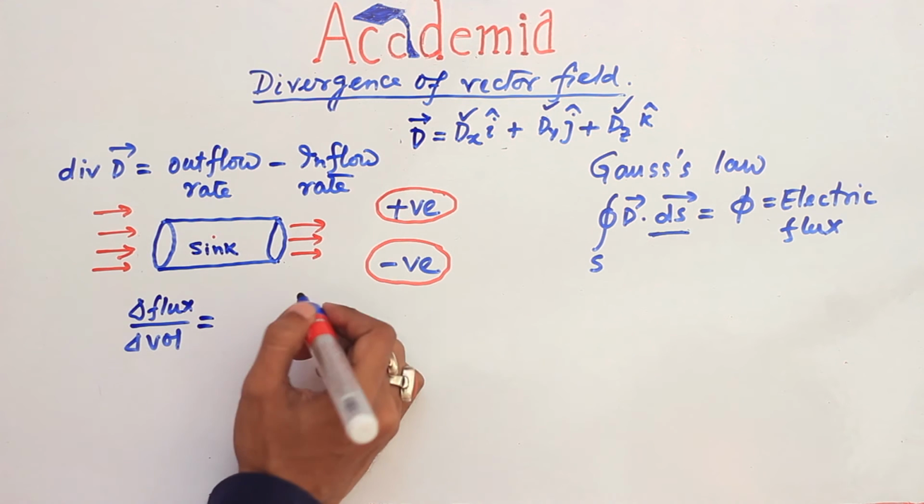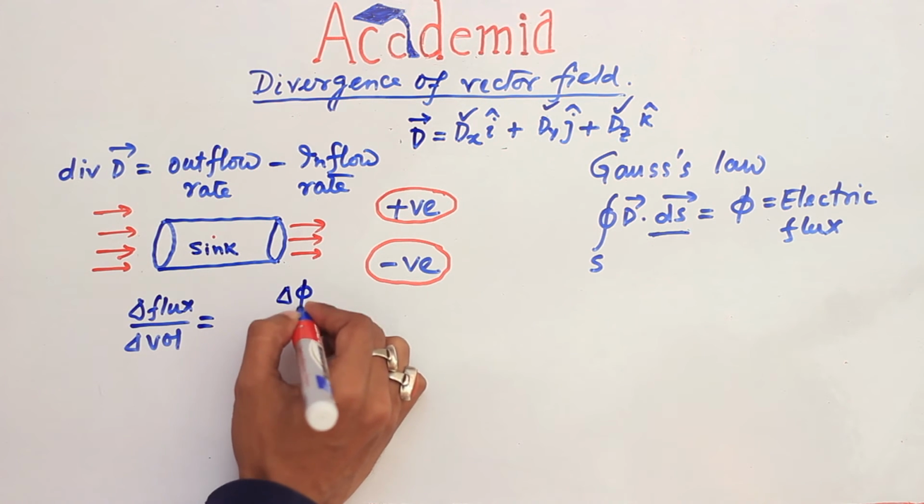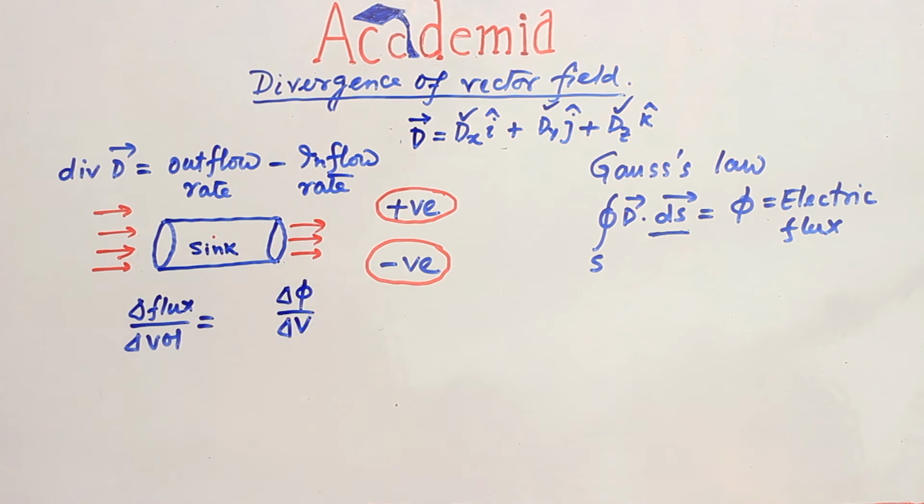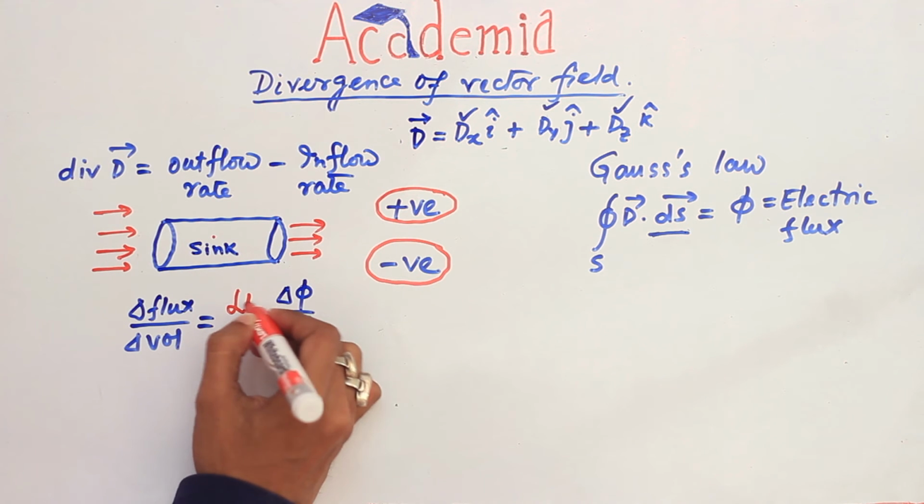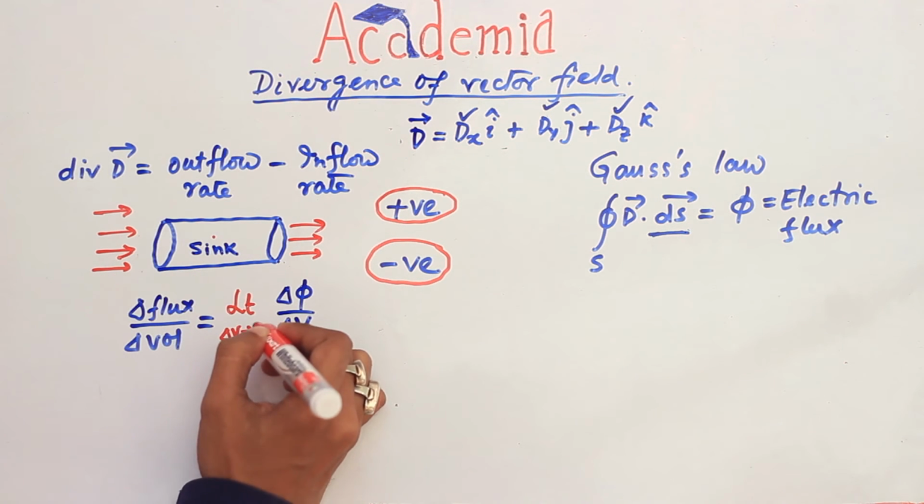So it can be written as del phi by del v. So the divergence basically measures the rate of change of flux with respect to volume when the volume is differential volume, that is infinitesimally small volume. So it can be written as del phi by del v when del v tends to 0.